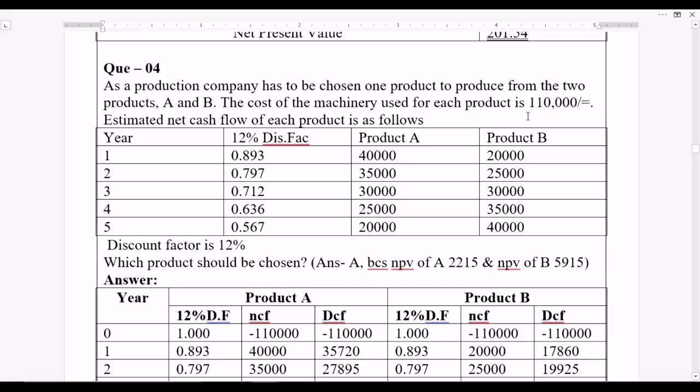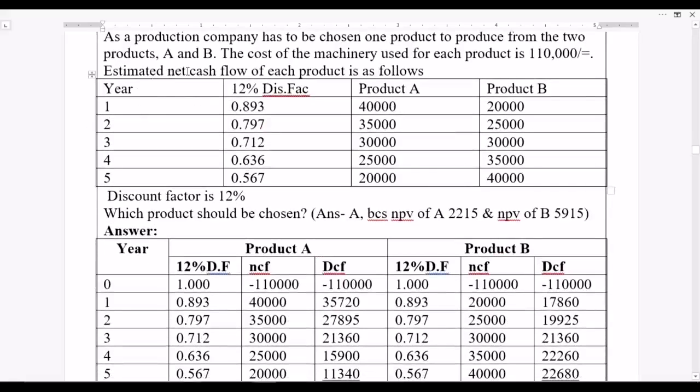So the company has to purchase machinery for 110,000, and then they can produce product A or B. Right.